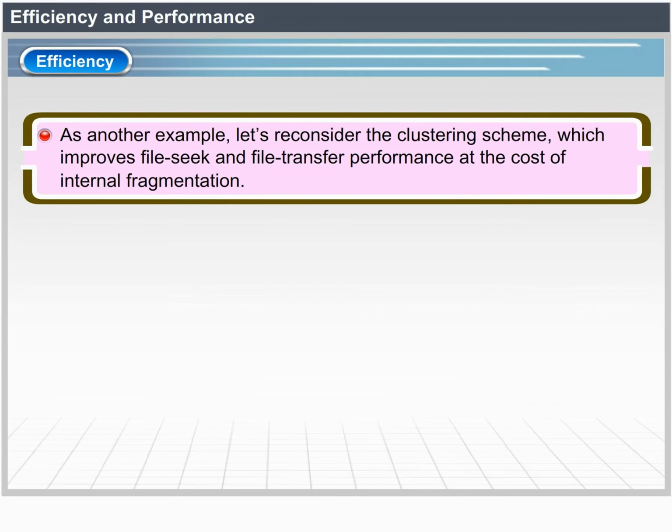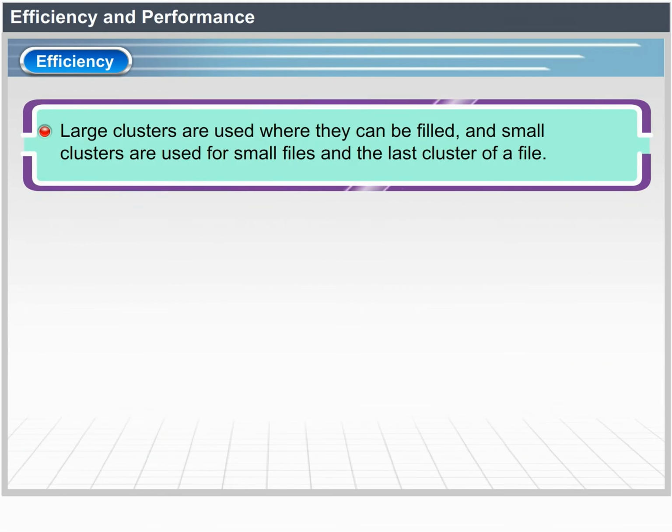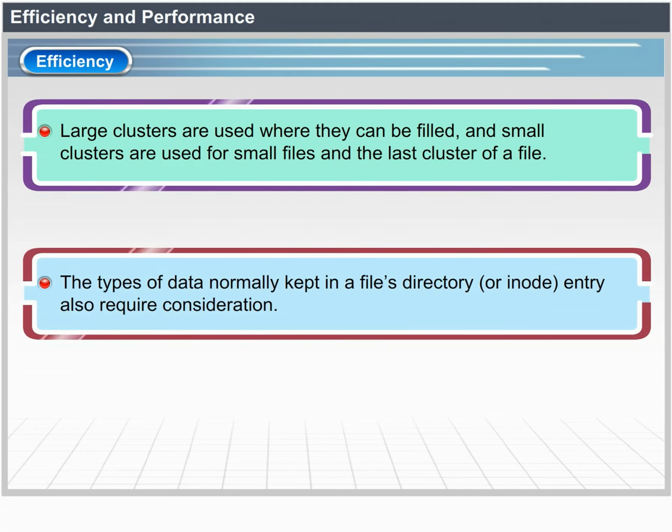To reduce this fragmentation, BSD Unix varies the cluster size as a file grows. Large clusters are used where they can be filled, and small clusters are used for small files and the last cluster of a file. The types of data normally kept in a file's directory or inode entry also require consideration.